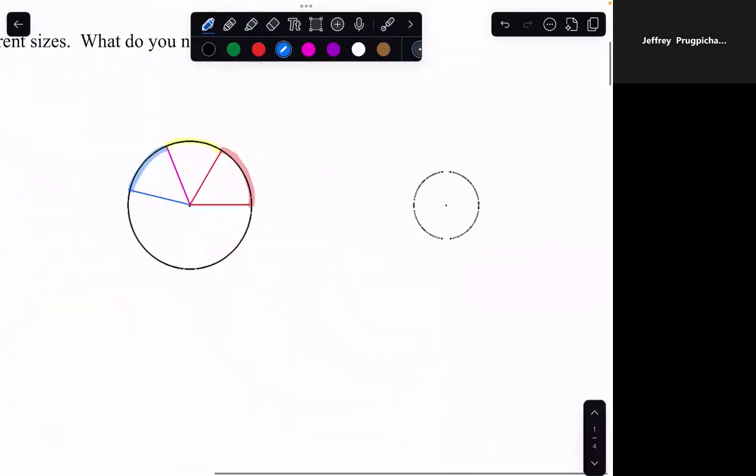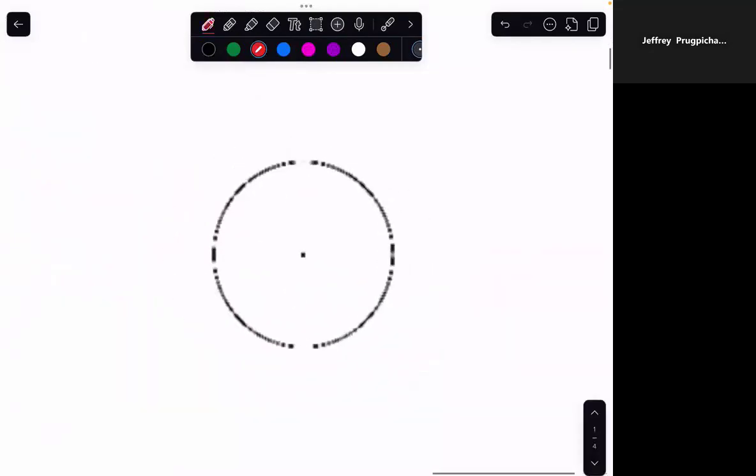And then even smaller. The radius is smaller, but then the circumference is also smaller, right? So it doesn't have as far to go.